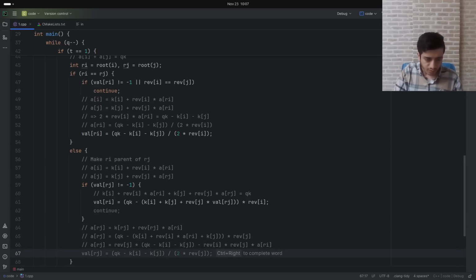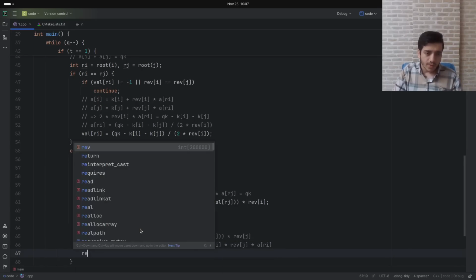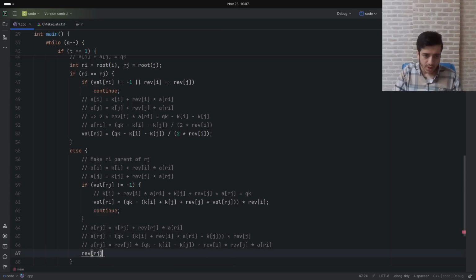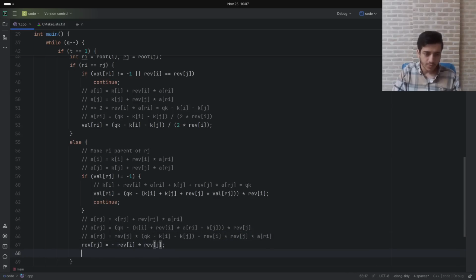So rev of rj is going to be this. Oh, it was a lot of math and equation solving and all. And k of rj is gonna be this.